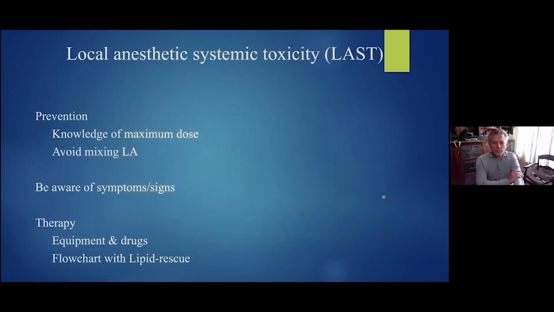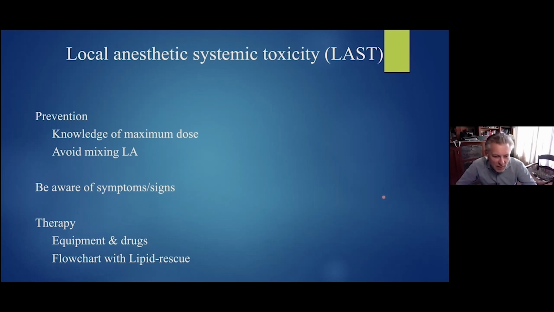What about local anesthetic systemic toxicity, also a possible cause of big problems? I will be short. You have to look at prevention. That means you need to know the maximum doses and avoid mixing local anesthetics, because then you have no idea of maximum doses.